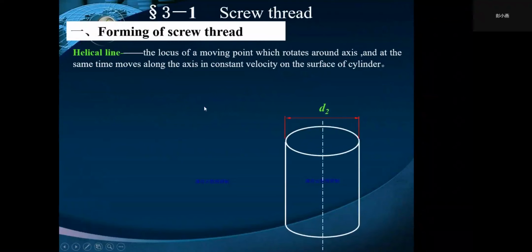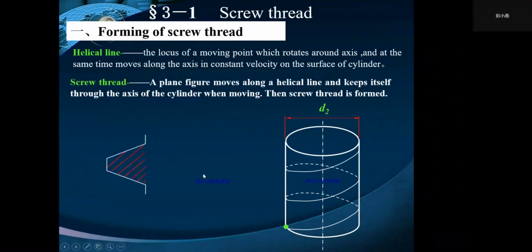The helical line is the locus of a moving point which rotates along the axis and at the same time moves along the axis at constant velocity on the surface of the cylinder, and then the helical line forms.